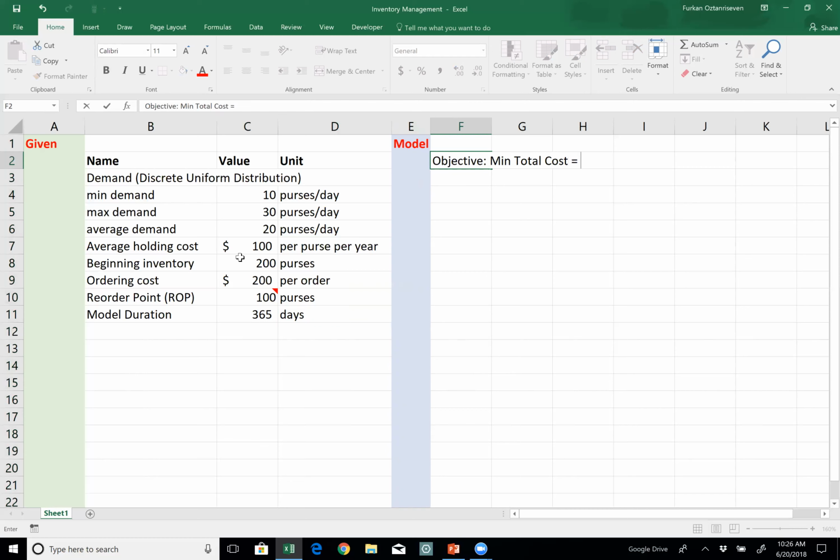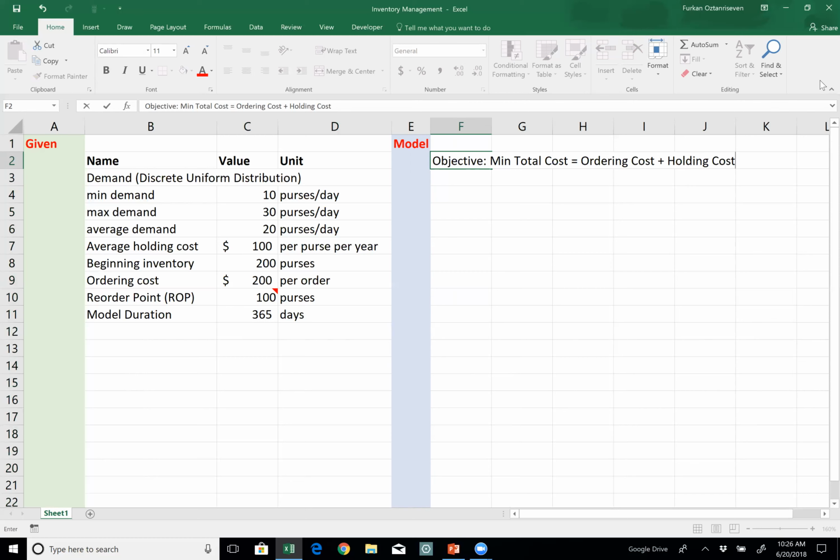But to be able to minimize total cost, I need to measure it. In this problem, I have 2 different types of costs given, if you look at the given section, which are ordering cost plus holding cost. If I add these 2 costs up, that will give me my objective, which is minimize the cost.